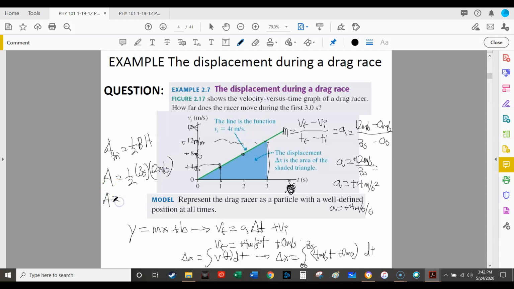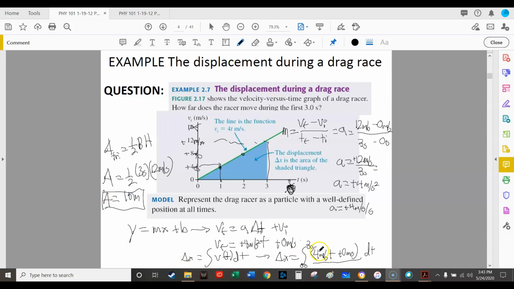So hopefully when we do both of these things on the next page, it's going to work out. What's 12 divided by 2? It is 6 meters per second times 3, which is 18 meters. Hopefully this is going to work out to a displacement of 18 meters.